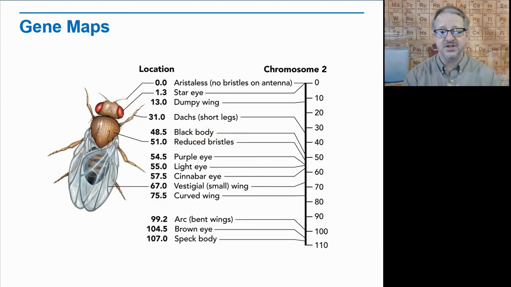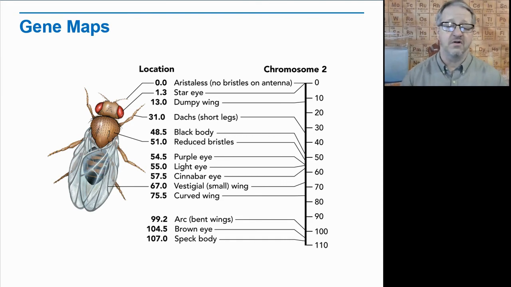One of Morgan's students, Alfred Sturtevant, wondered if the frequency of crossing over between genes during meiosis might be a clue to the genes' locations. So Sturtevant reasoned that the farther apart two genes were on a chromosome, the more likely it would be that crossing over would occur between them.